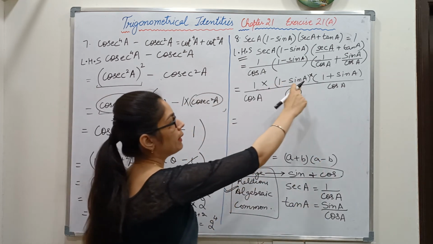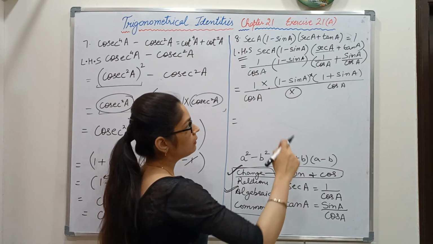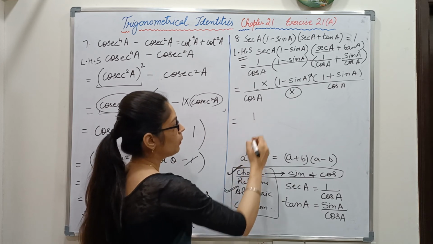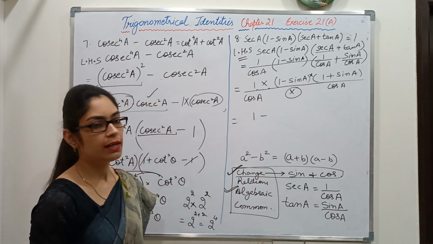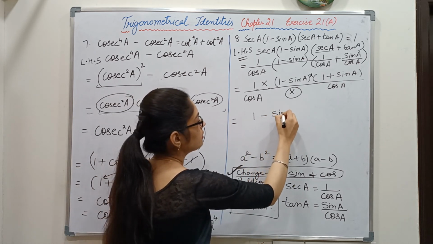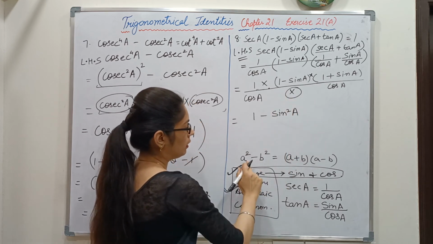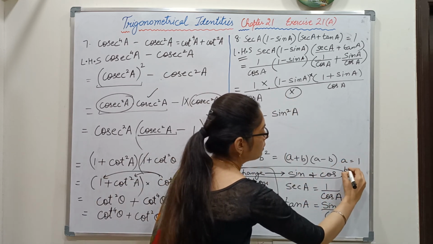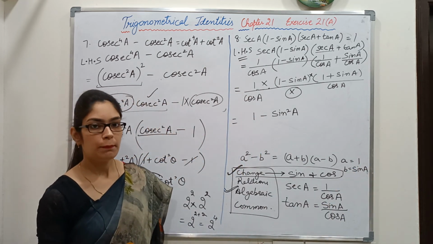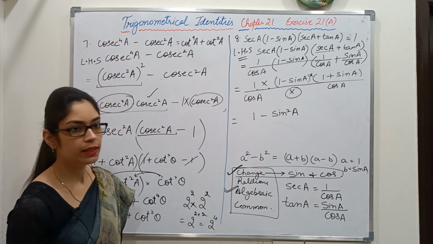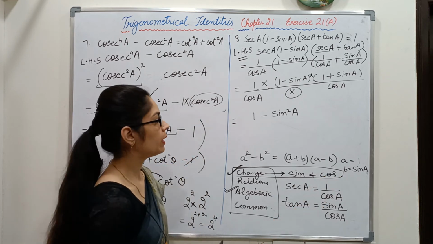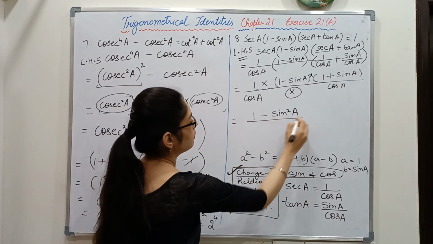So here a minus b into a plus b, where a is 1 and b is sine. It is a square minus b square, so 1 square minus sine square A, and 1 square is 1. So that's what I have written.